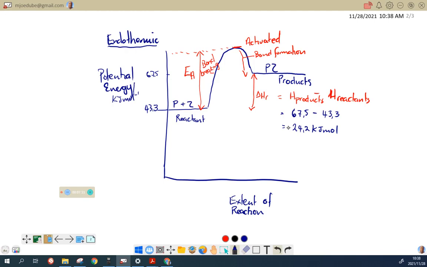Now, what do you observe? This value is positive. What does that positive mean? You've got to give meaning to that positive. This positive shows us that 24.2 kilojoules per mole of energy is absorbed from the surroundings.